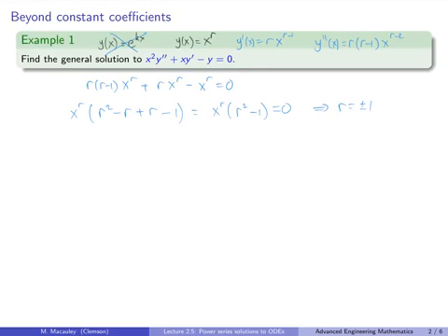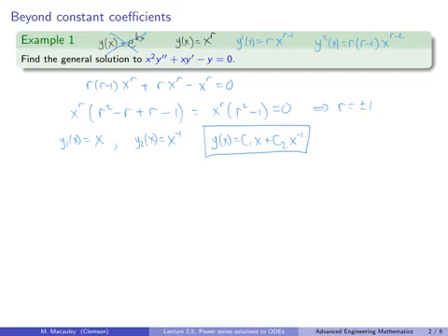So we have two solutions. We have y1 of x equals x to the first, and y2 of x equals x to the minus first. So our general solution is y of x equals c1 x plus c2 x to the minus 1, or 1 over x. So we have found two solutions, and so we have the general solution.